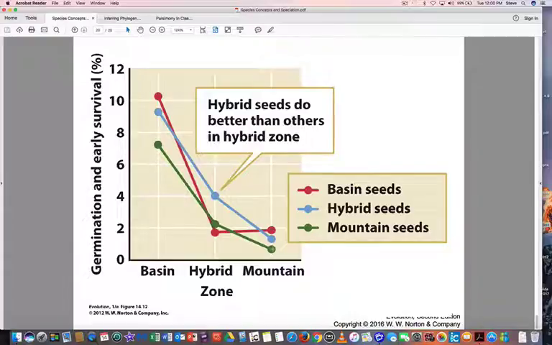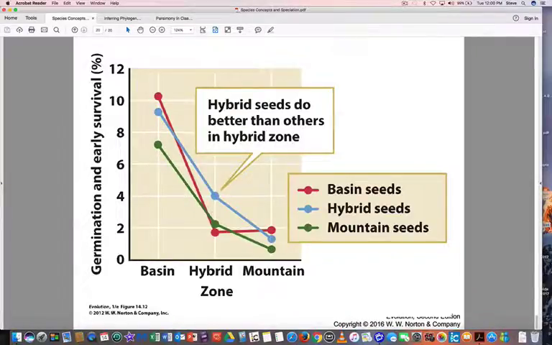So we're going to ignore this, because your book shows very clearly, given other characteristics, that in fact the mountain seeds do best in their mountain environment. You can go back and look at your book, but these particular traits don't really show local adaptation, and that's why I fumbled all over it. In your book, you'll see another graph that in fact shows mountain seeds do best in their mountain environment, hybrids do in between, and the basin seeds do very, very poorly. So this is kind of wrong.